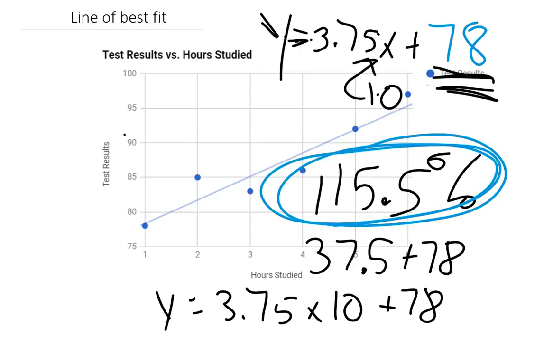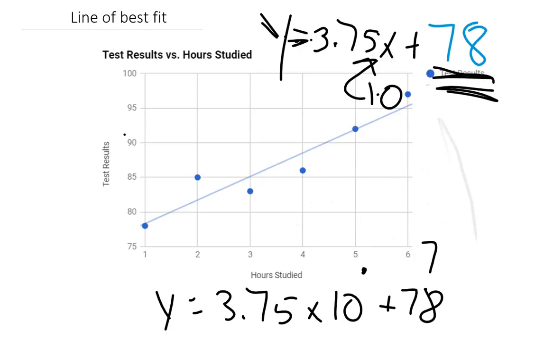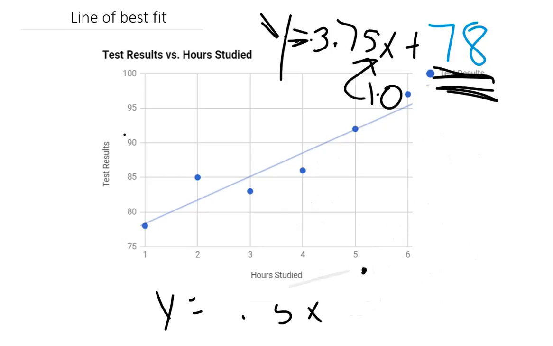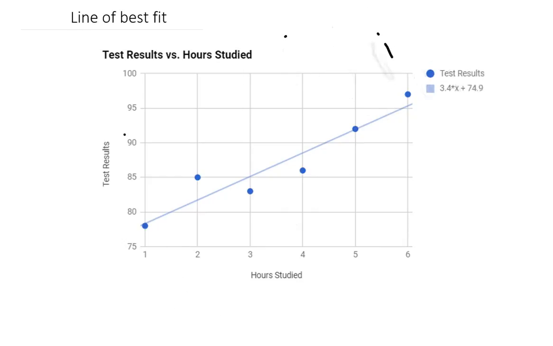Now, what we can also look at in this group of data, and I have a small set of data so it's going to be easy to see, would be my correlation coefficient. My correlation coefficient is how closely related these numbers are to this line.